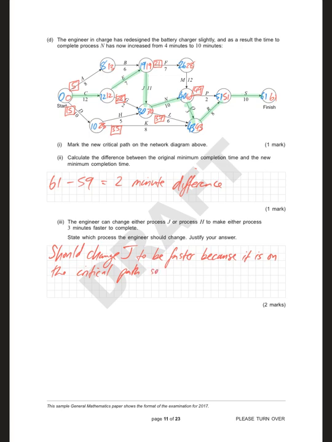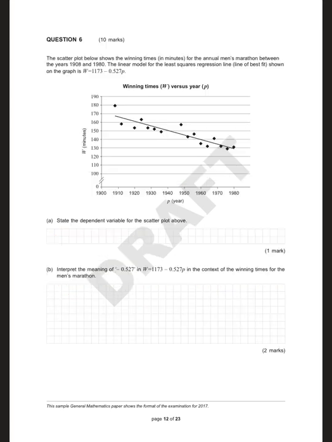So a reduction in time would make the minimum completion time faster. As long as you affect the critical path, it's going to affect the project. And that's that question done.